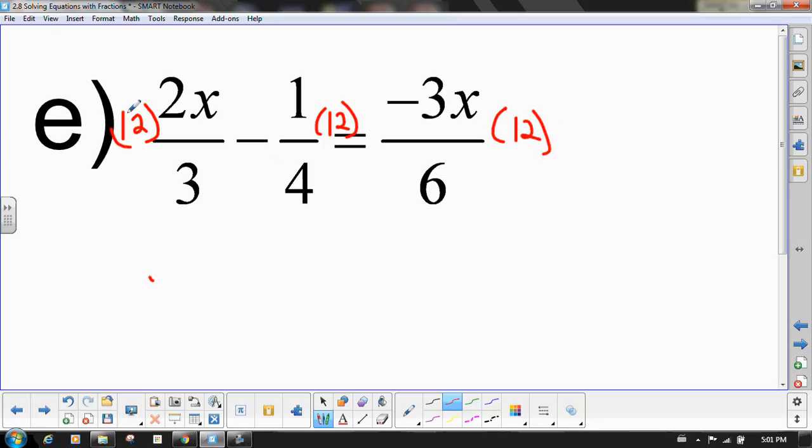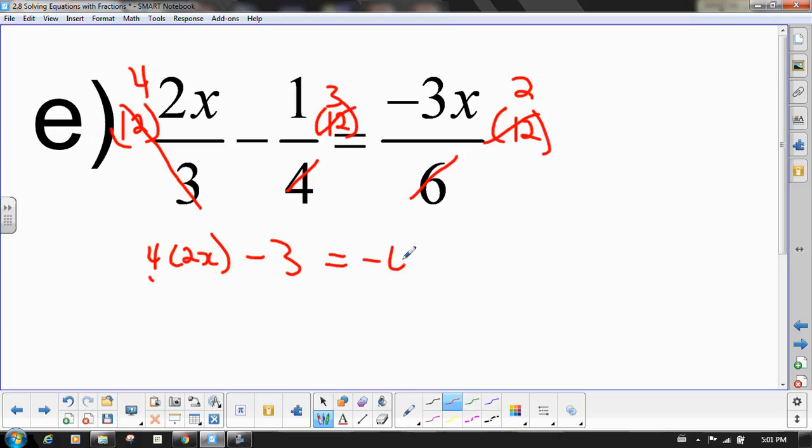Because when I do that, 12 divided by 3 leaves me with 4. So I'm going to have 4 times 2x. 12 divided by 4 leaves me with 3. So I'm going to have minus 3 equals 12 divided by 6 leaves me with 2. So then I have negative 6x. So 8x minus 3 equals minus 6x.